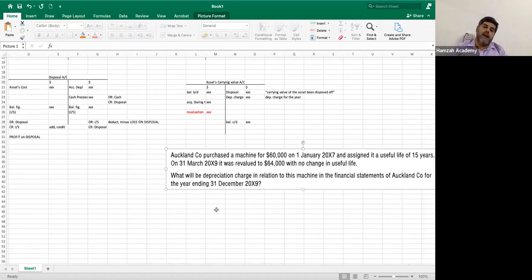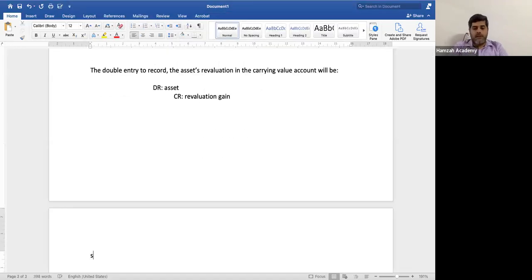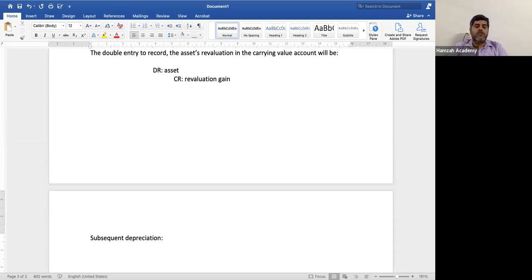As far as the depreciation charge is concerned, let me go back to my Word file. Let's write subsequent depreciation. Talking about the subsequent depreciation, the simple formula is revalued amount divided by remaining useful life.